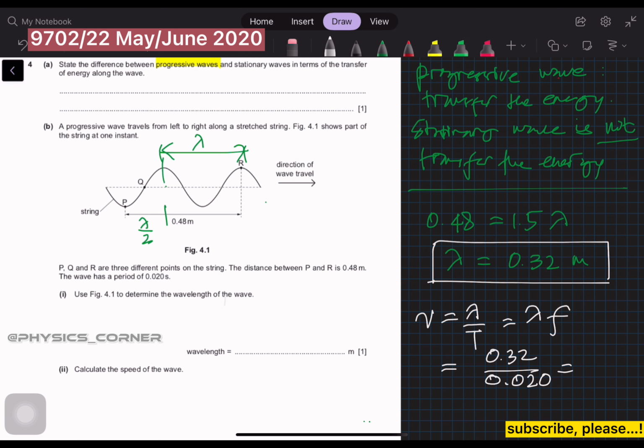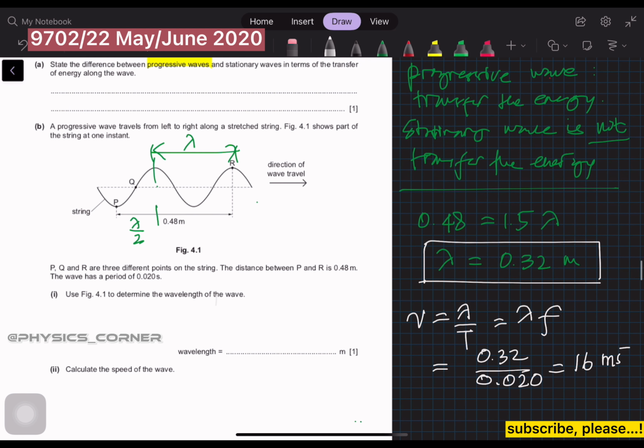This is about 16 meter second minus 1. That's it.